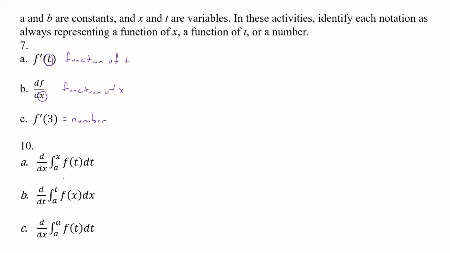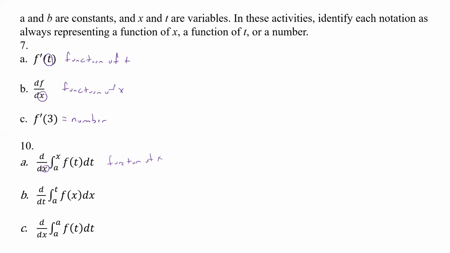So those are pretty easy. Now, these get a little bit harder. We're going to take the integral first. So it's going to come out and we're going to get actually something of x. But our final thing here says it's going to be a function of x because that's the very last thing we do. We do the first things here and it's a function of t coming out, but we're plugging in a to x and we're going to get our t, but then we're going to take the dt dx and that's going to give us a function of x. And so what about this one?